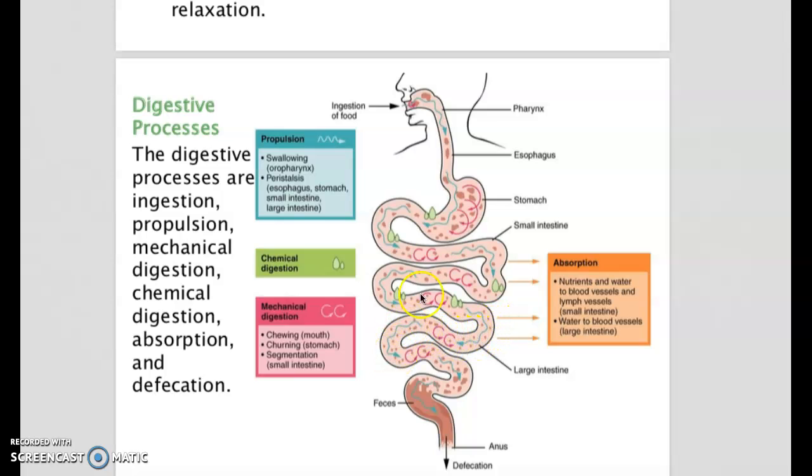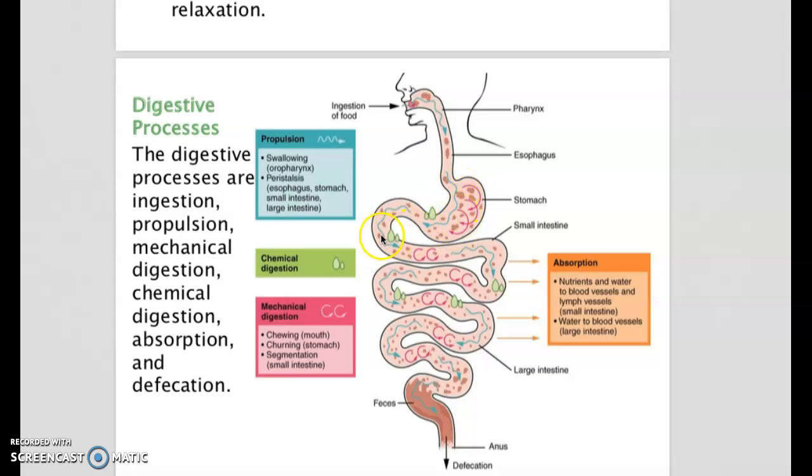Chemical digestion goes on mainly in the small intestine. Mechanical digestion is the chewing in the mouth, breaking down your food, and the stomach, churning and breaking down the food even more.